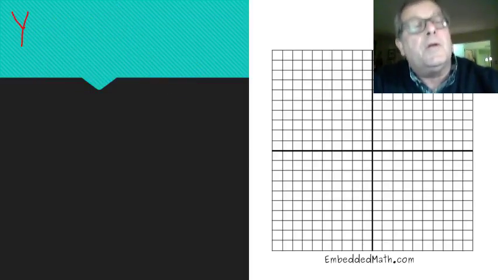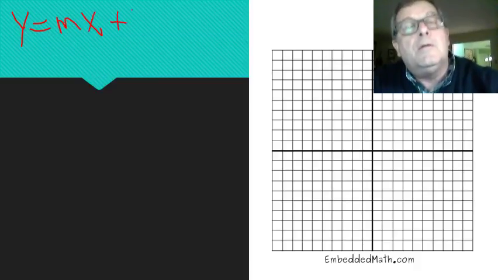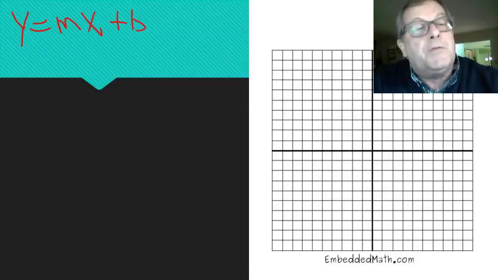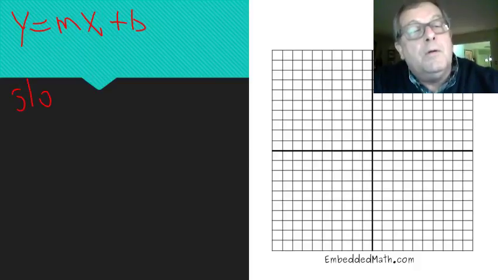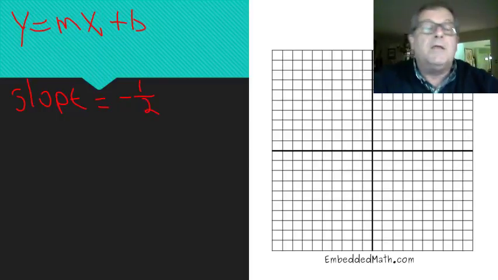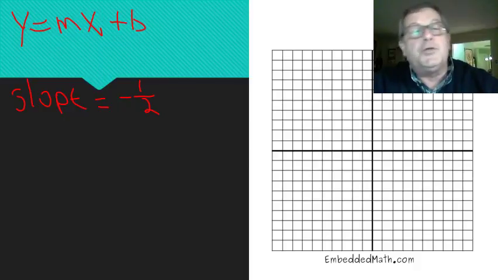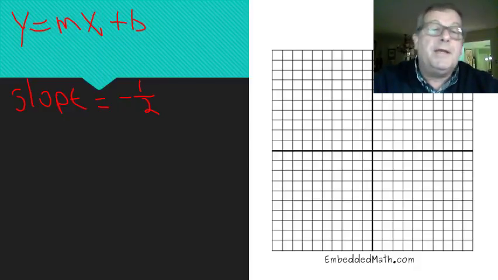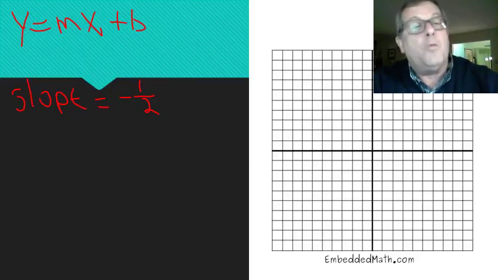I'm going to go ahead and keep our little y equals mx plus b equation up front. So now we're given some information that the slope equals negative 1/2, and that's a rise over run of -1, let's say, and a run of 2, or it can be a rise of 1 and a -2 run. We'll talk about that more in a moment.